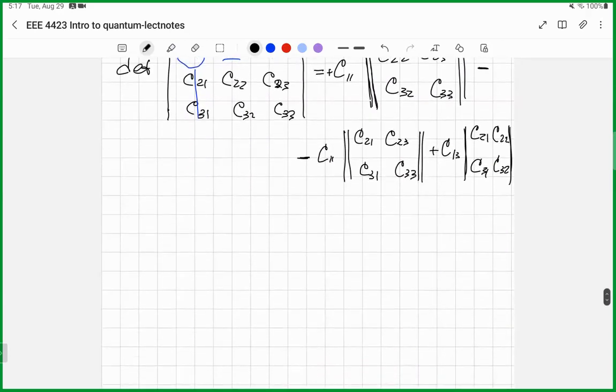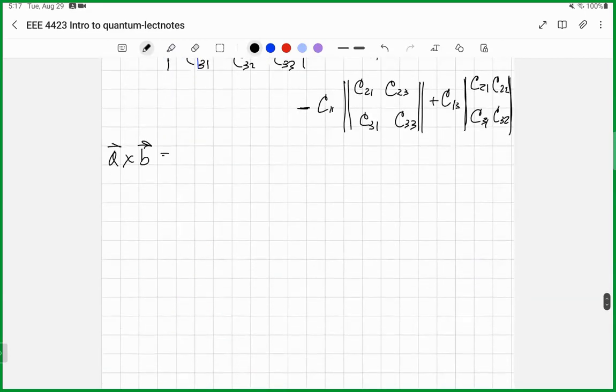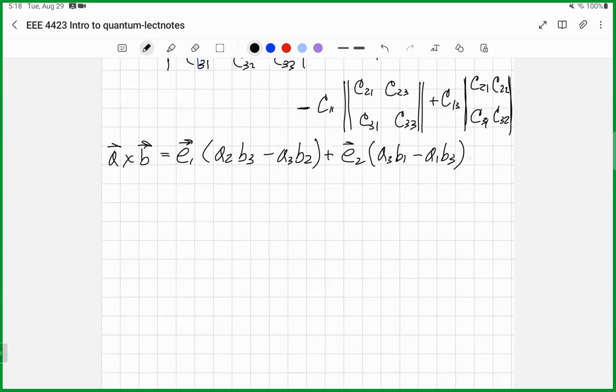For example, for the vectors A and B introduced above, with this determinant, we write the final formula: E1 times the corresponding minor A2 B3 minus A3 B2, then plus E2 vector, A3 B1 minus A1 B3, then plus E3, A1 B2 minus A2 B1. So this is the cross product.